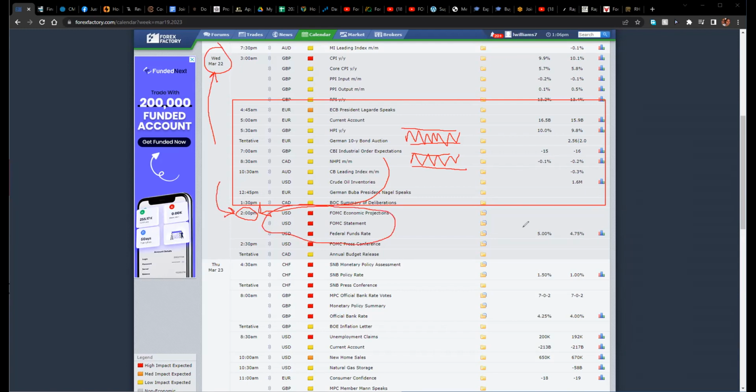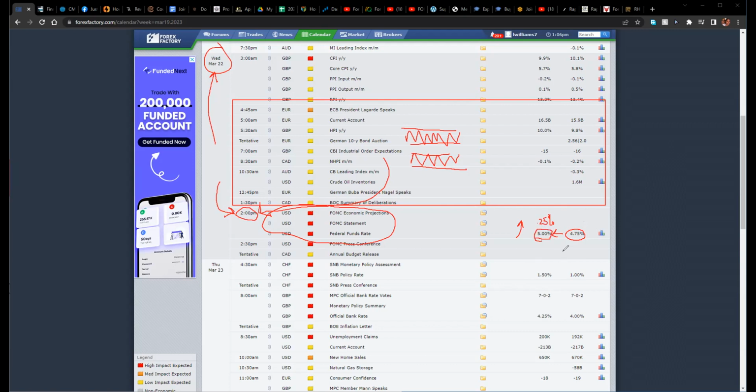We have the FOMC rate decision. We are currently at 4.75% interest rate, and we expect it to go up 25 basis points. Now, fundamentally, if it goes up, we expect it to strengthen the dollar, only because it is key interest rate news.